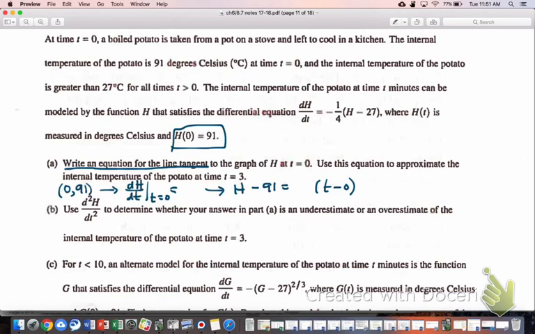This will actually illustrate a good point. I'm sure this happened a lot. The input here is not a t. This is actually going to be really important in B. The input is not a t. The input is an h. So if you plug in a 91 for h, you get 91 minus 27, which is 64.